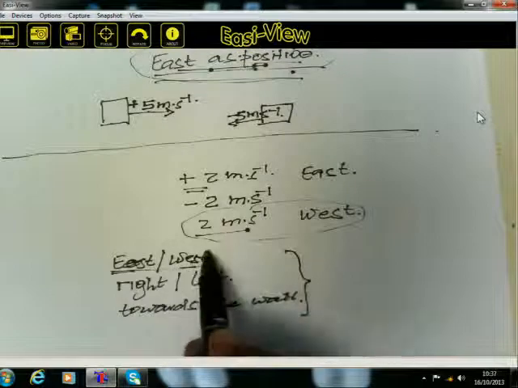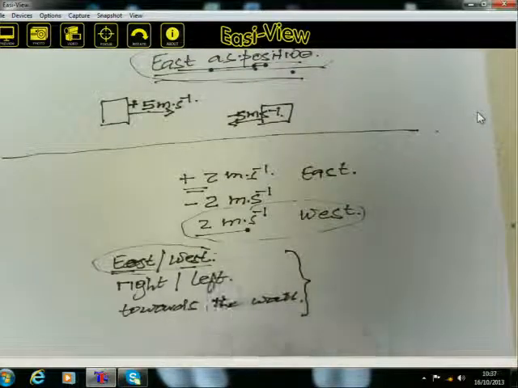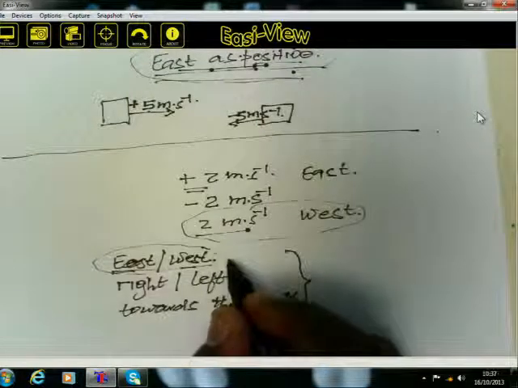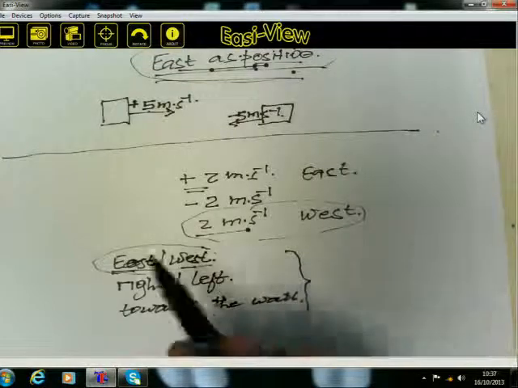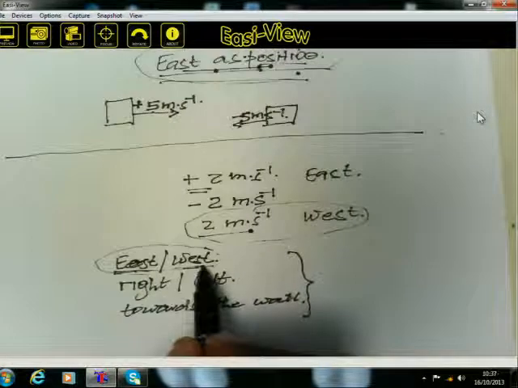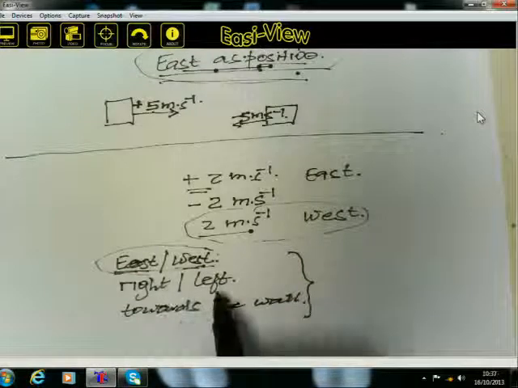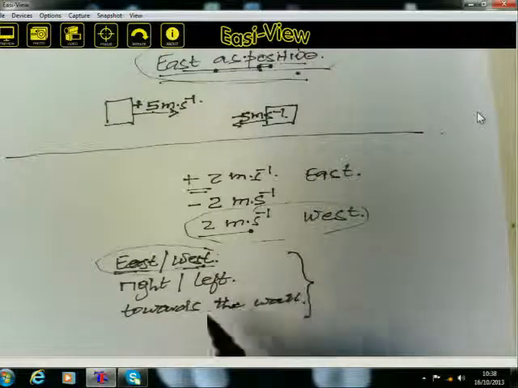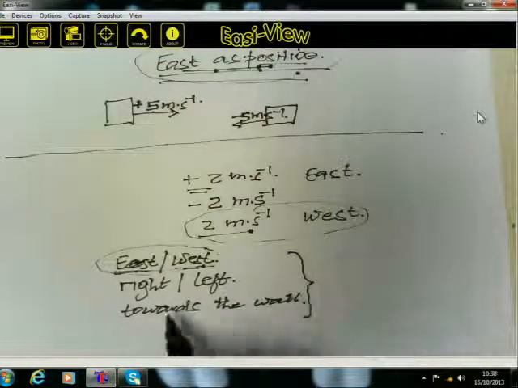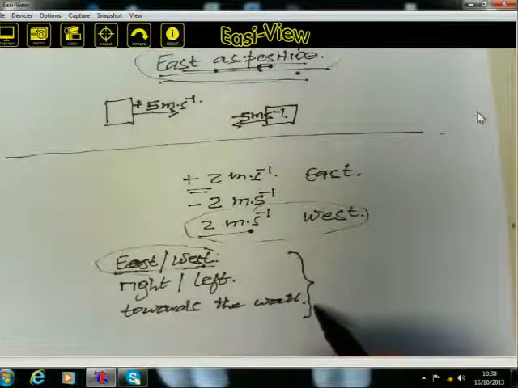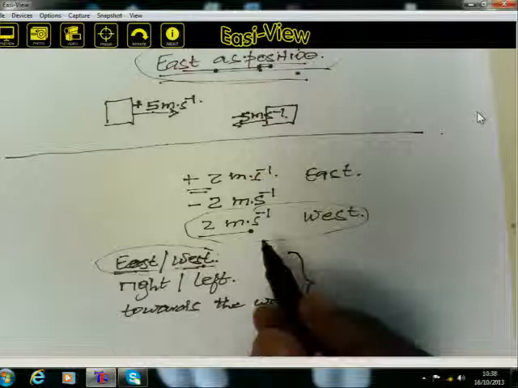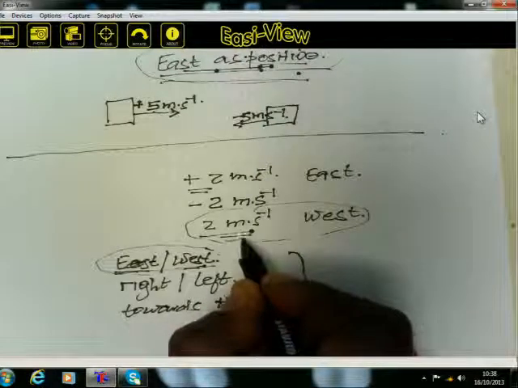But remember that the terms that you use should be the ones that the examiner has used in the question. In other words, it would not be appropriate when the examiner has used east or west for you to say left or right. If the examiner has used left or right, then in your answer you should also use that. If the examiner had used, for example, towards the wall, then you can also say towards the wall or away from the wall based on your final answer.